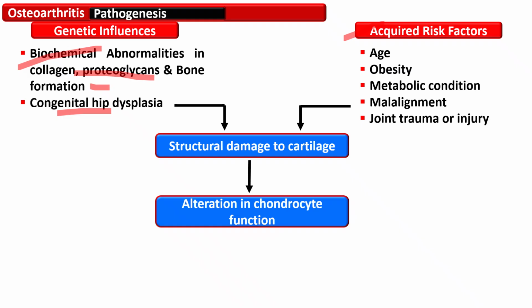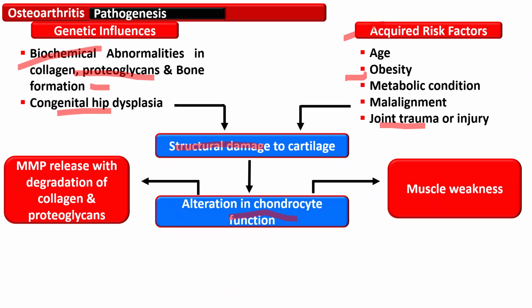The acquired risk factors are age, obesity, metabolic conditions, malalignment, or joint trauma or injury, which lead to structural damage to the cartilage, and this alters the function of the chondrocyte, as we have seen earlier.